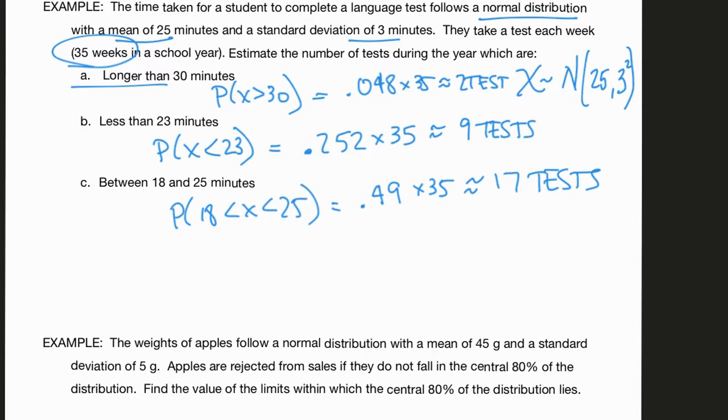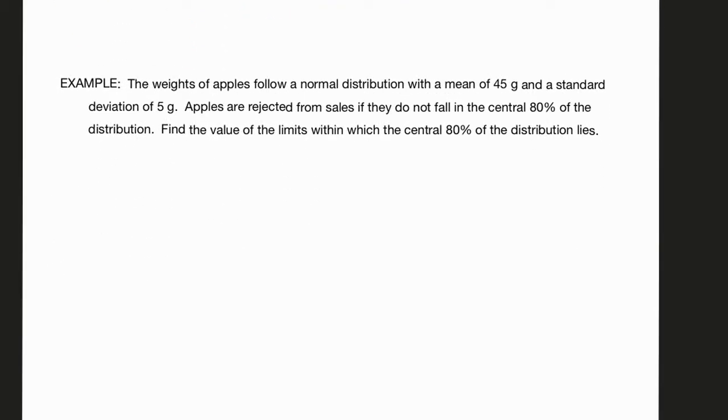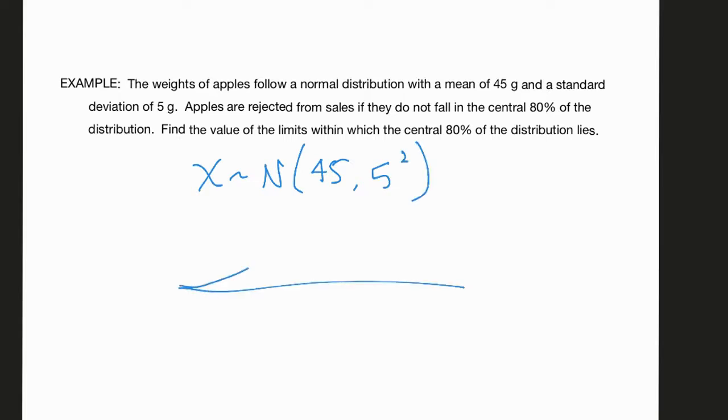Okay, and then the last problem down here, the weight of apples follows a normal distribution with a mean of 45 and a standard deviation of 5. Okay, so the question is, and again, sort of a little picture for some of you that are visual. So this is asking, find the value of the limits.